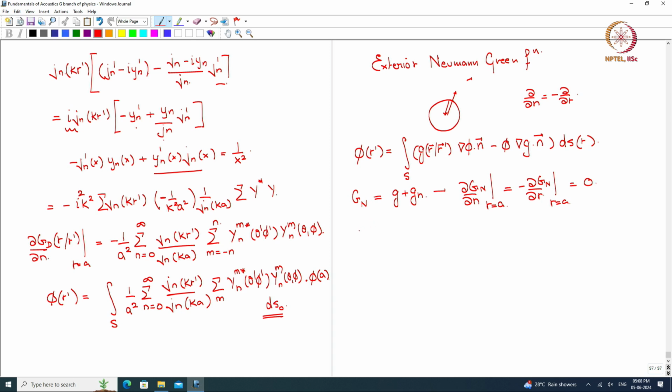Which means minus ∂ by ∂r of (G plus Gh) equal to 0, or ∂G by ∂r is equal to minus ∂Gh by ∂r.